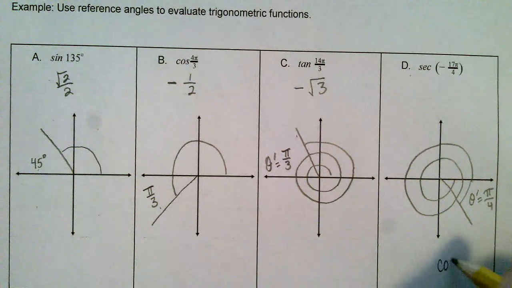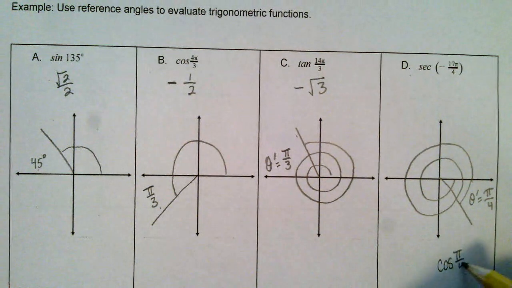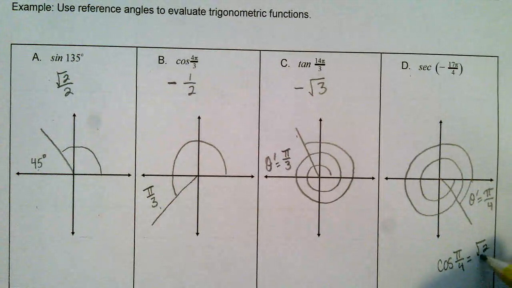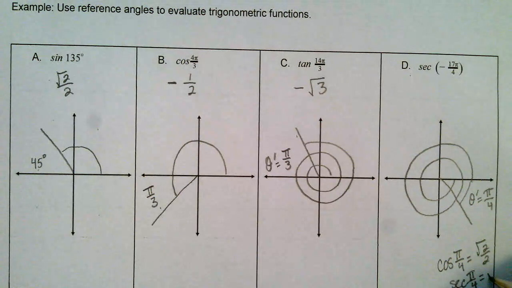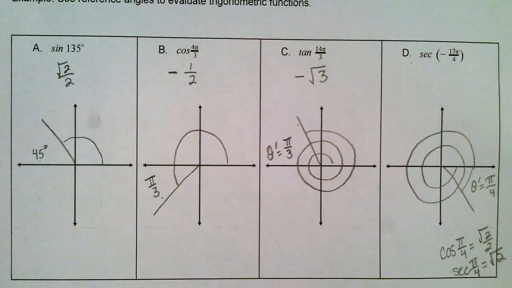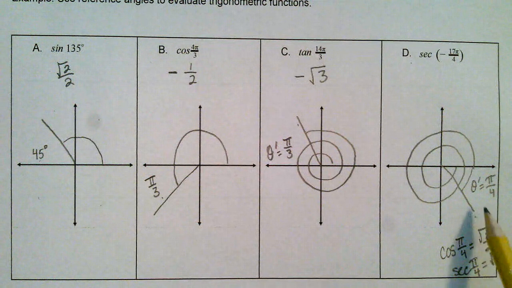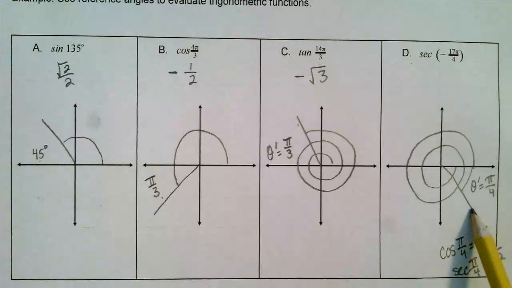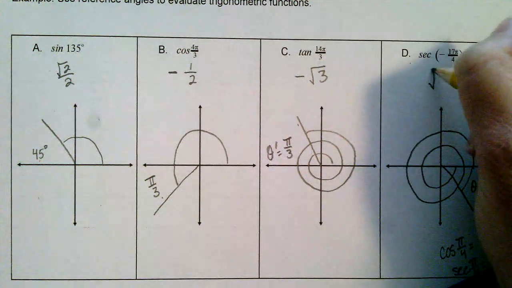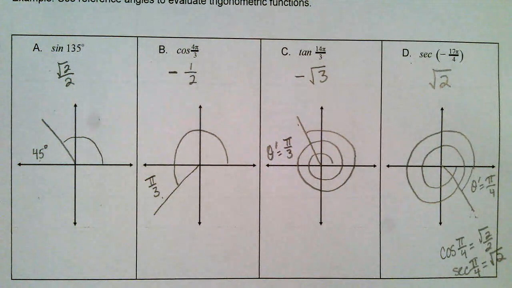So I know that my cosine of pi over 4 is square root of 2 over 2. I know my secant of pi over 4 is square root of 2. Okay, but I notice here I'm in my fourth quadrant. My cosine is positive in the fourth quadrant, so my secant is also positive. So my answer here is square root of 2.